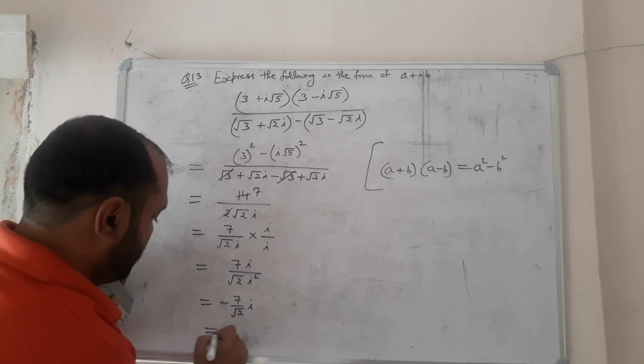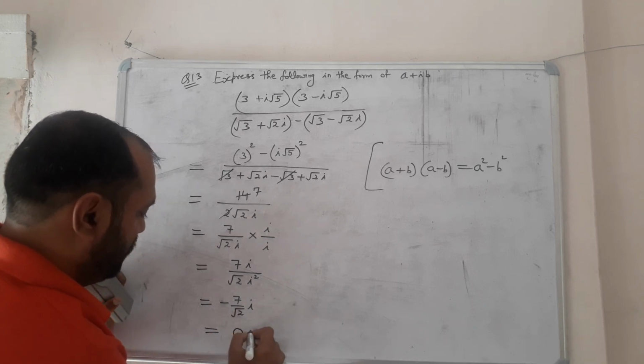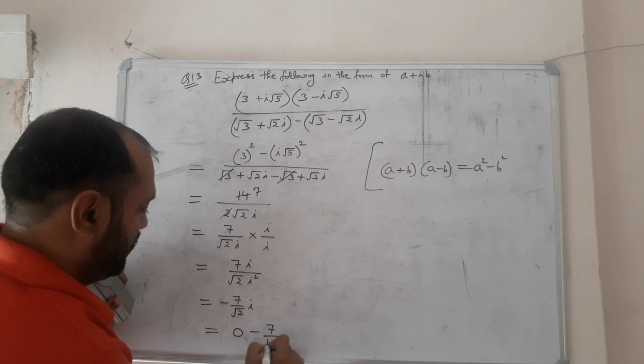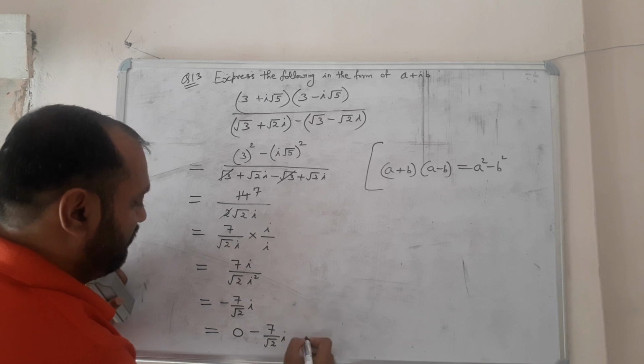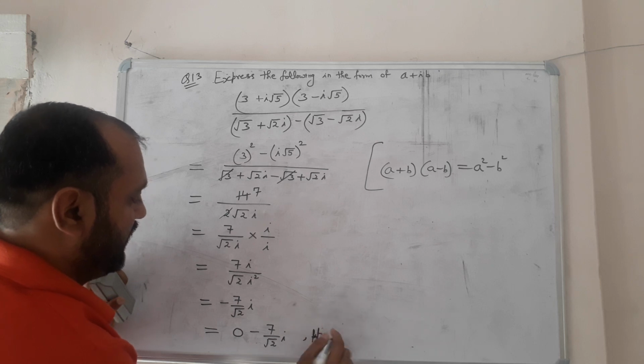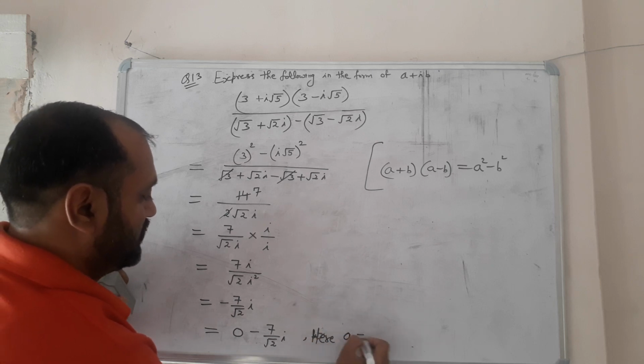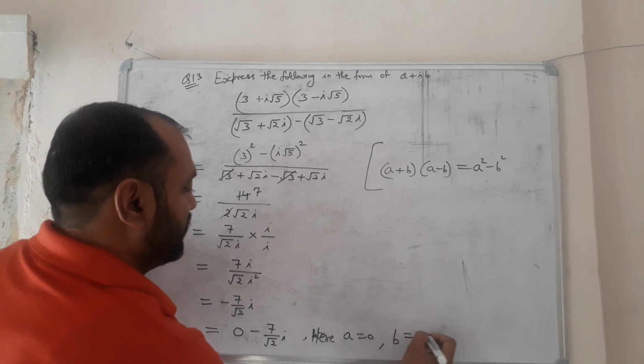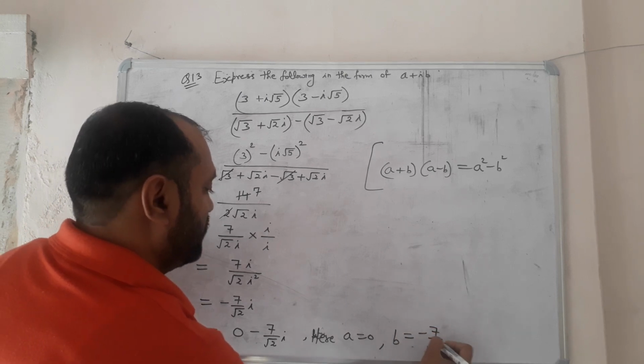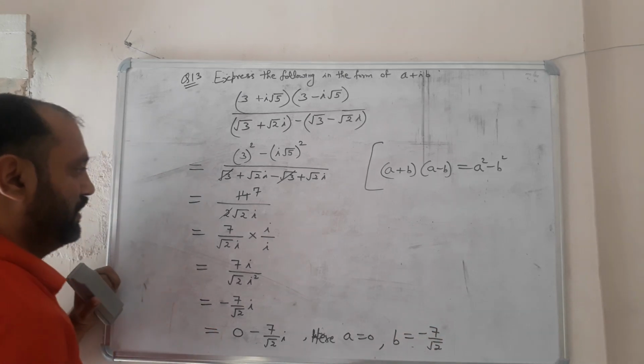So this can be written as 0 minus 7 upon root 2 iota, where here a is equal to 0 and b is equal to minus 7 upon root 2, right?